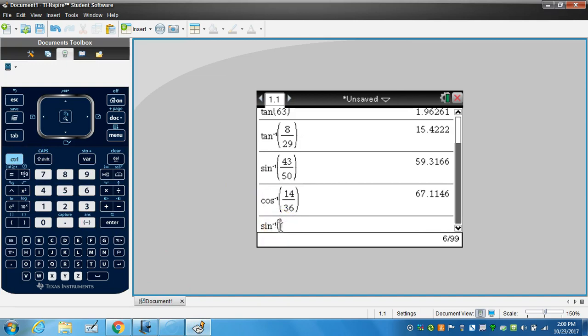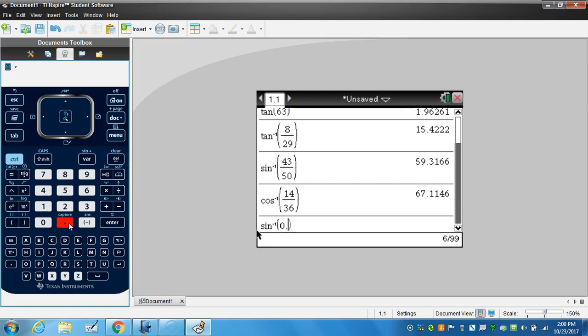Sine -1. And instead of it being a fraction this time, remember, fractions are decimals. So instead of having a fraction, we only have a decimal, which is no problem. 0.4226. Enter.